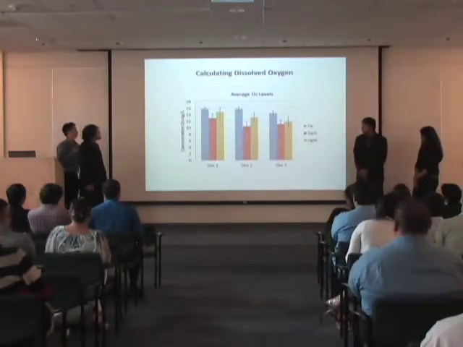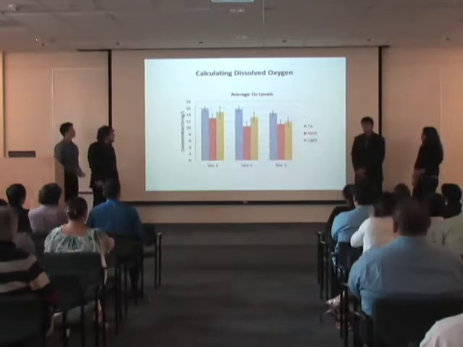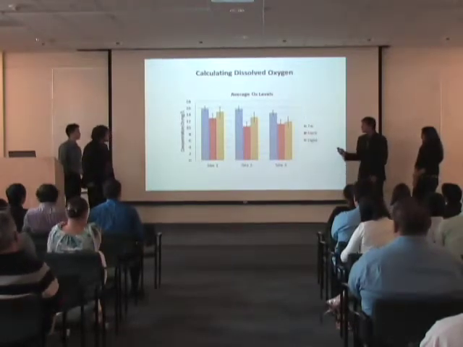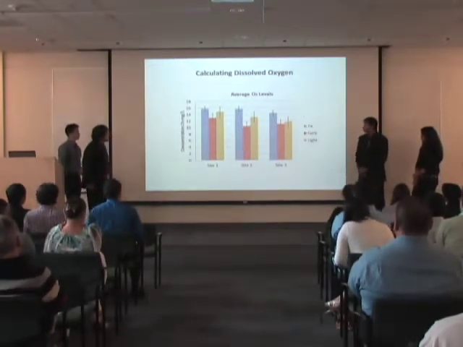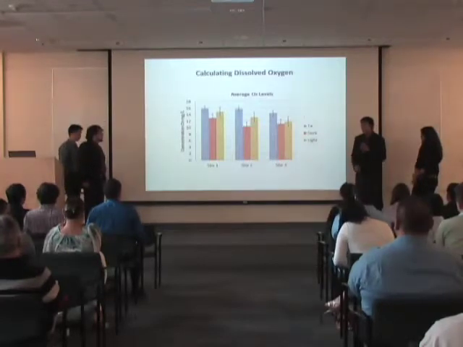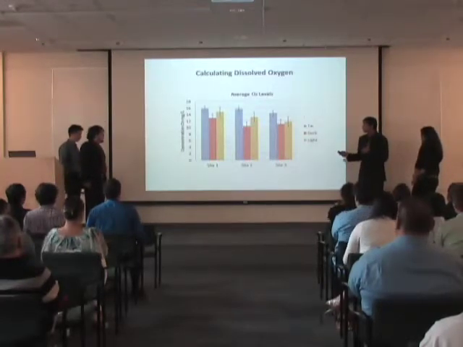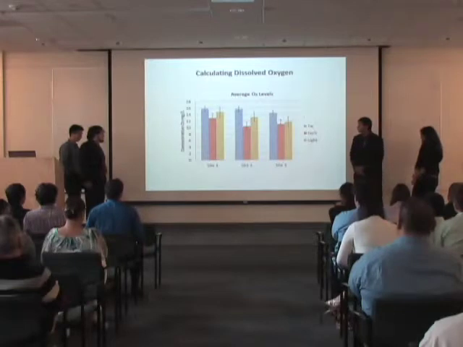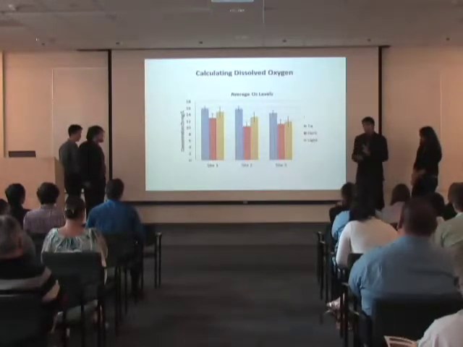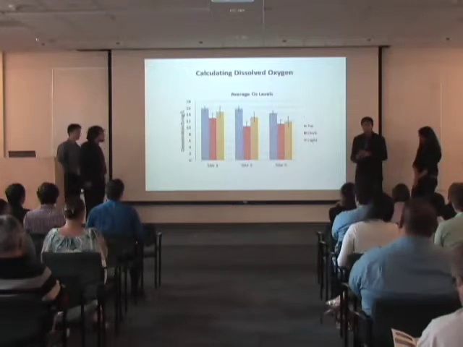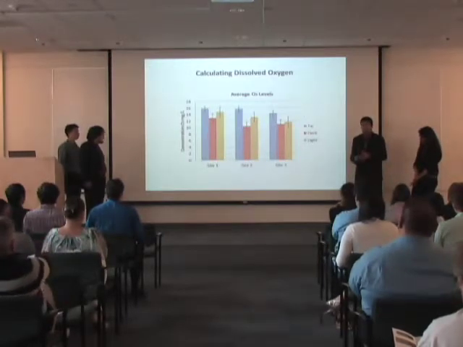Okay, so using the numbers that we got from the previous slide and our concentrations, we can see that our time zero, our blue bar, we can use as a reference point. So comparing it to the dark bottles, the red and the green, we can tell a lot about what's going on in the water. Our expectation was that since the darker bottles are only allowed to respirate and not photosynthesize, they would be lower than the reference point.